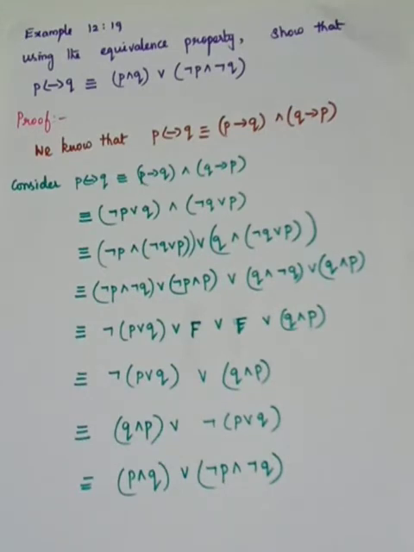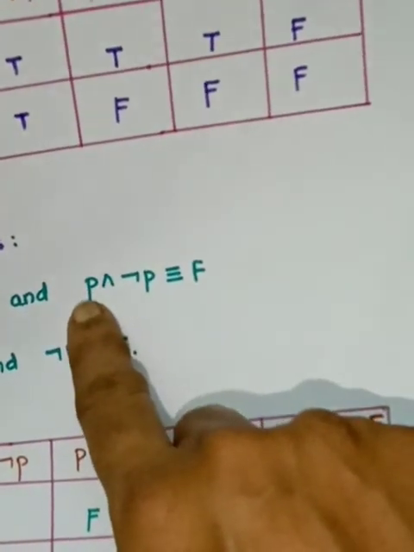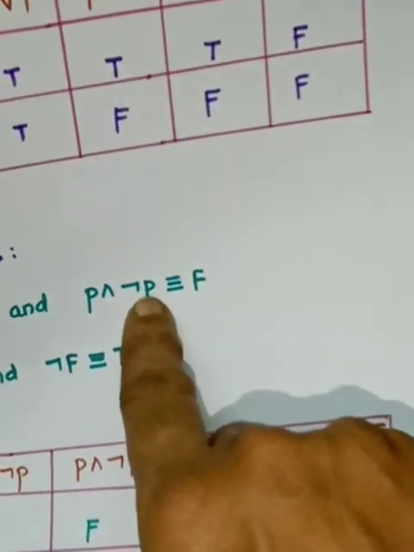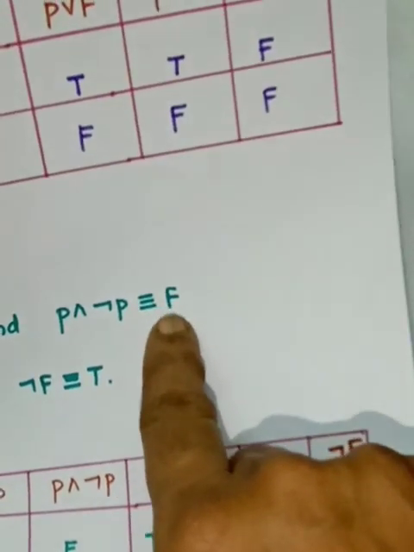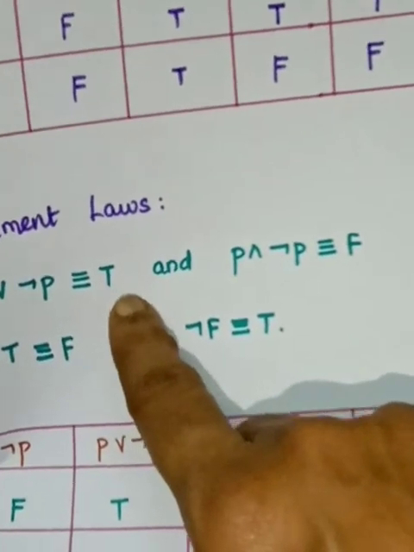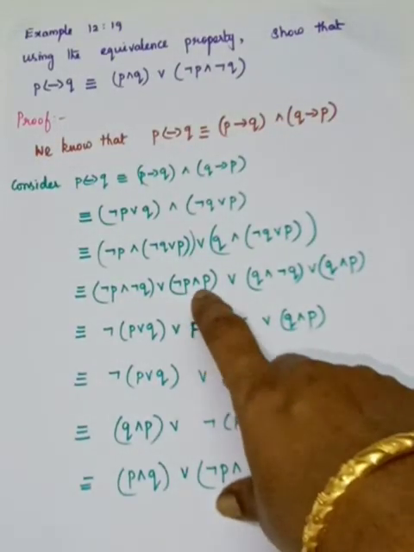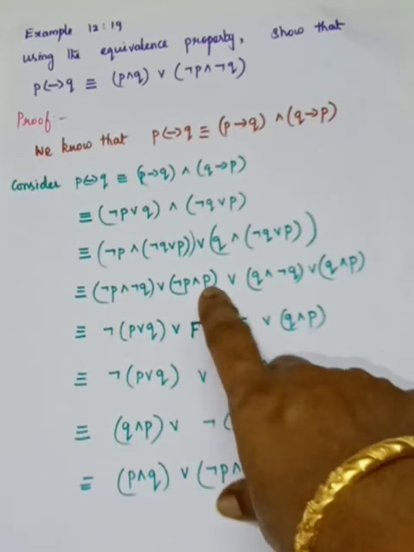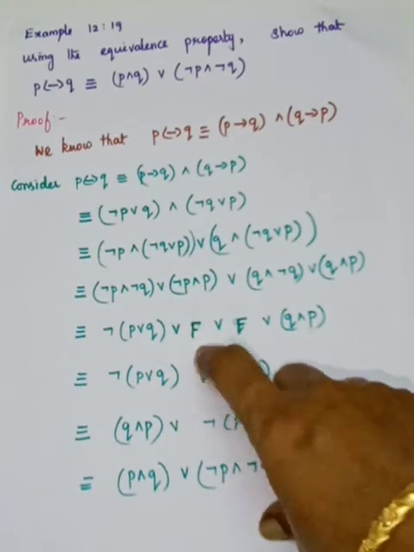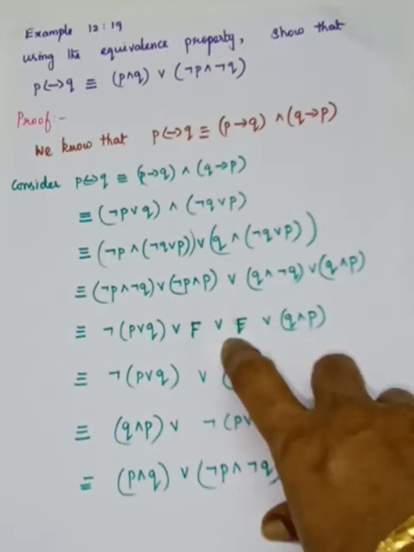So see now, complement law, P the statement and its negation. Okay, so that is F, and P or negation P is true. Okay, so you here what you are having, negation P and P. So and is there, so you have to use F. Here also Q and negation Q, so it also F.